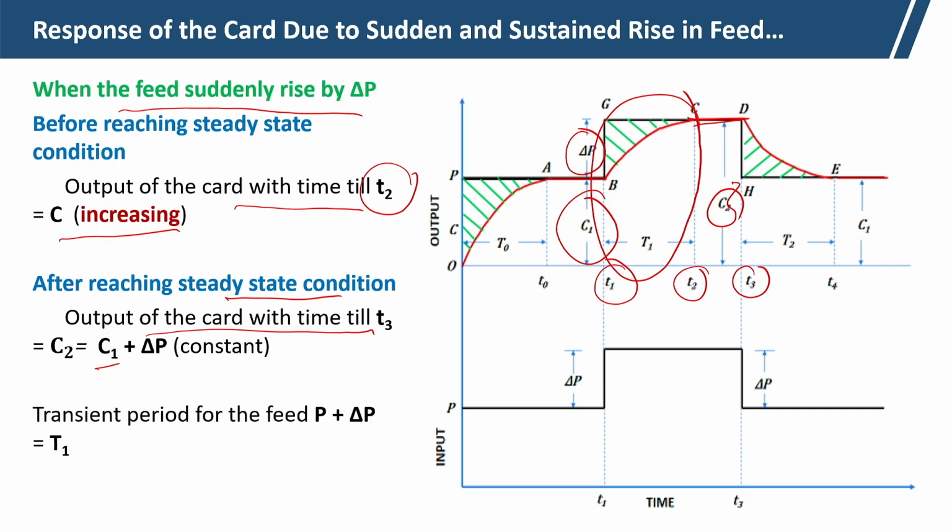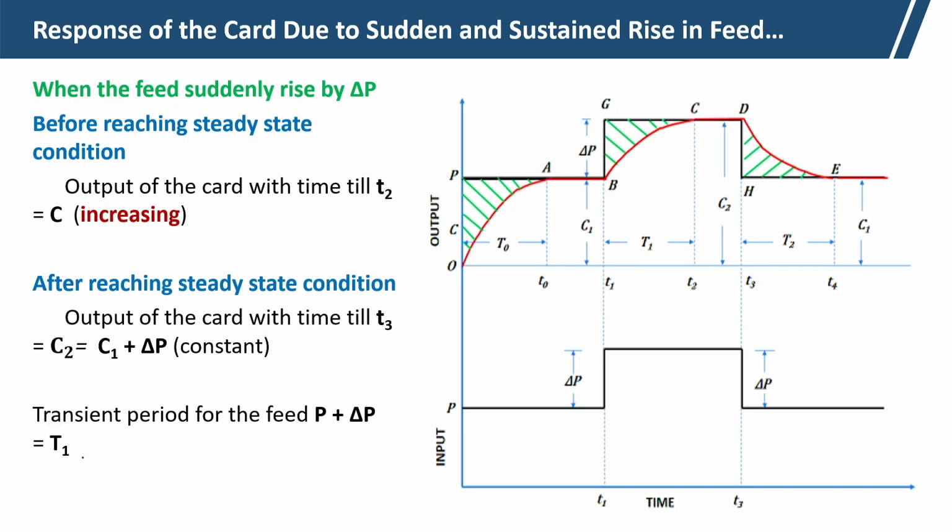And the transient period is for the feed P plus delta P. So, when we are feeding P plus delta P, the transient period is T1. During that time, the output gradually increases. This is because of the additional loading on the card.